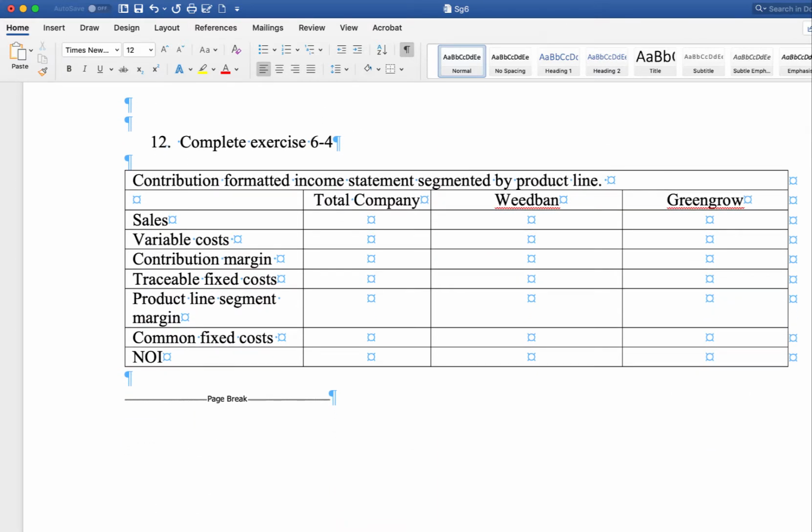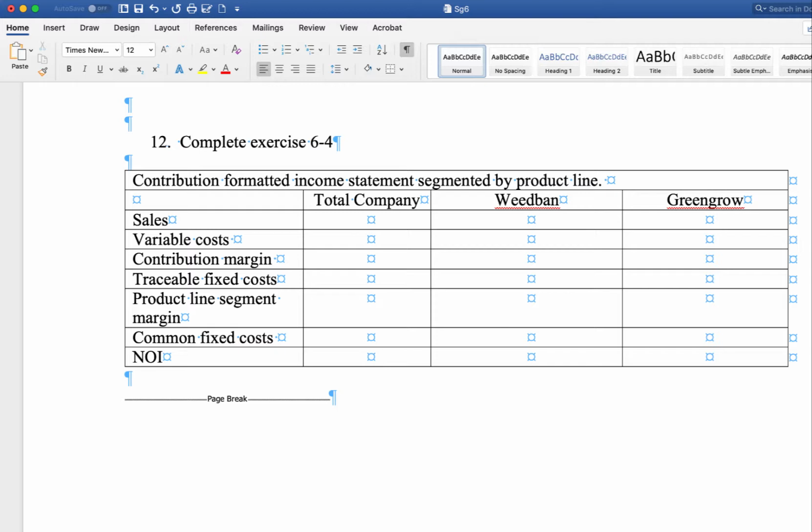Now, this is the contribution formatted income statement. Sorry guys, it's getting late. Okay, so not too much different than what we've seen before, right? We have our sales less our variable cost gives us our contribution margin. From our contribution margin, we know we subtract out fixed costs, right? Well, when we're dealing with a segmented income statement, we have two types of fixed costs. We have traceable fixed costs and common fixed costs.